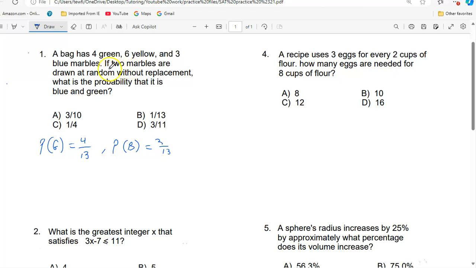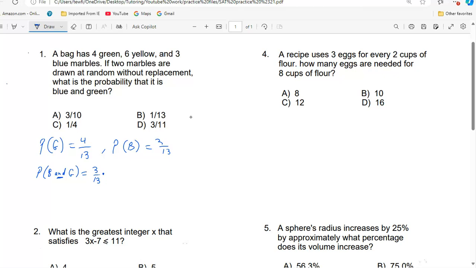But here we have 2 marbles. We draw 2 marbles without replacement. What is the probability of blue and green? So the probability of blue and green will be 3 over 13, multiply, because "and" means you multiply.